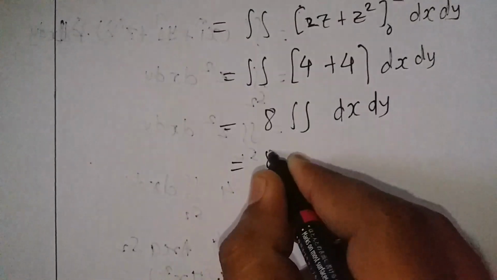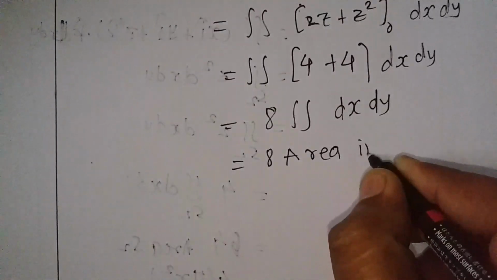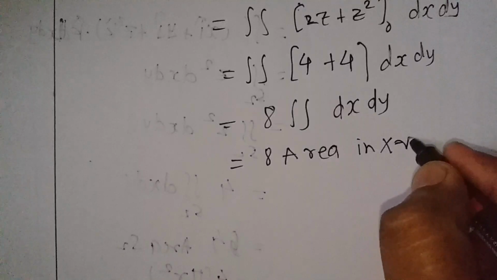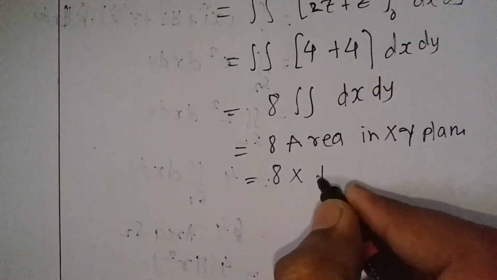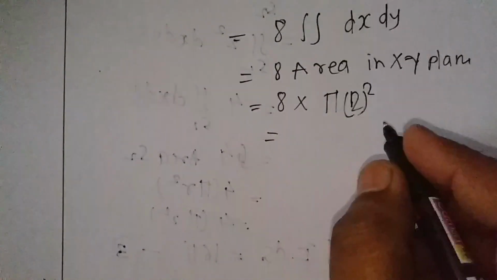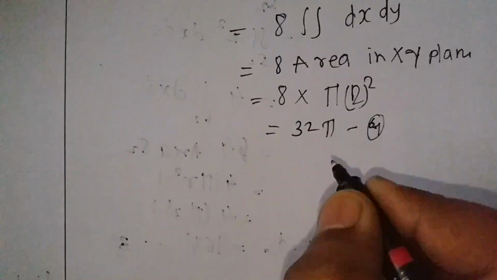Again, the double integral of dx dy is the area in the xy plane, which is a circle of radius 2. So it will be 8 into pi 2 square, so 4 pi into 8, 32 pi. This is equation number 4.